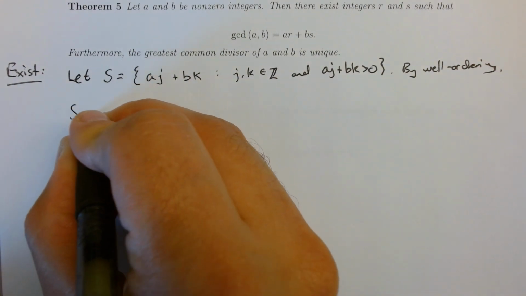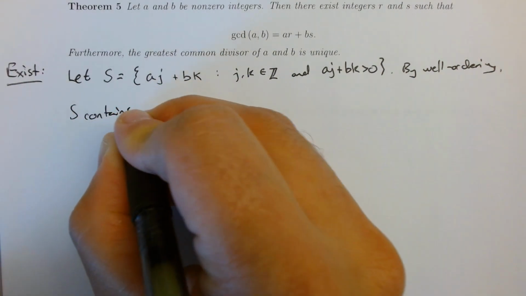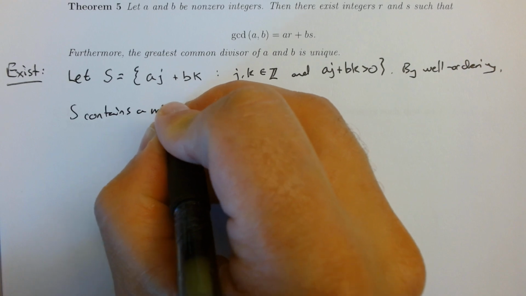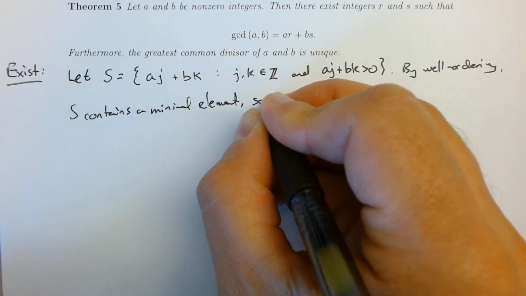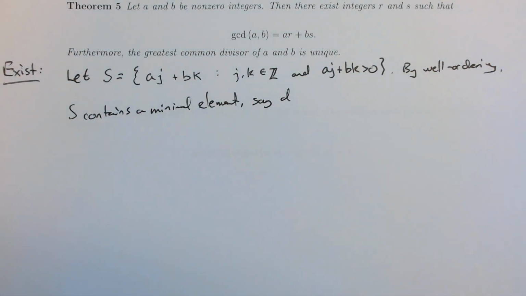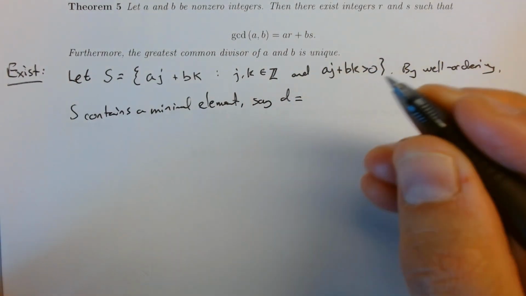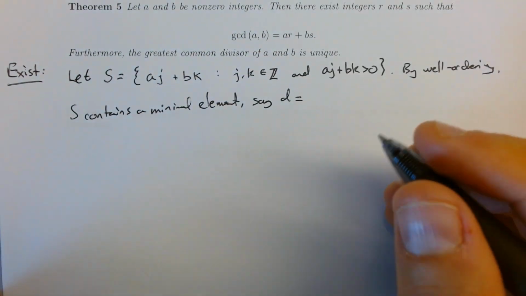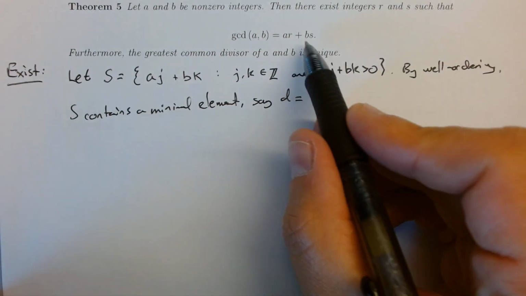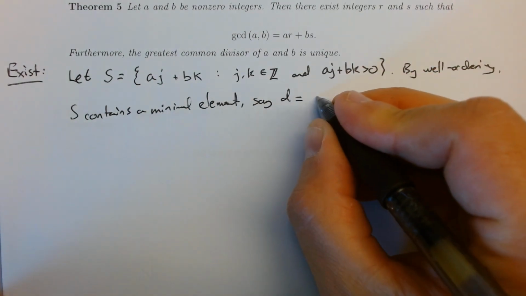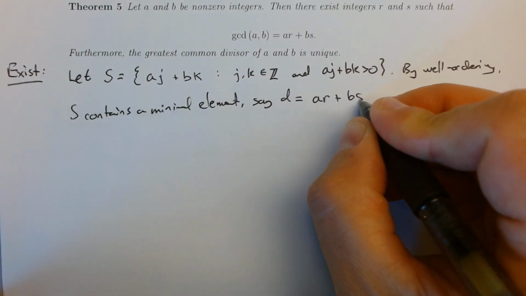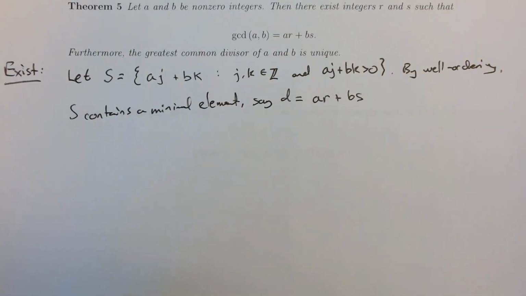So S contains a minimal element, say D. And that D must be of that form. And so this time we are going to use r and s as the particular values of j and k. So ar plus bs. So some combination of a's and b's create this D that's minimal.